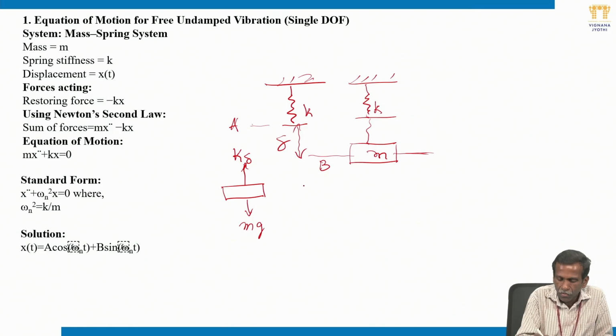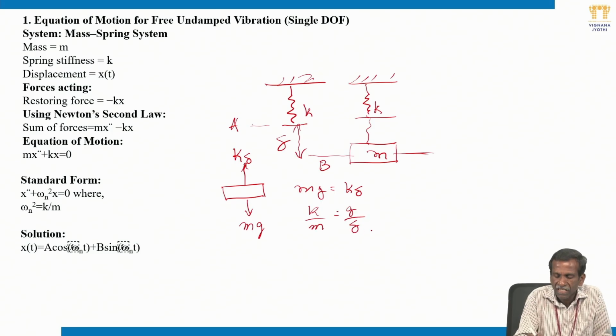So from the equilibrium equation we can simply write mg equal to K delta, in this equilibrium position. Then we can write K by m equal to g by delta, where delta is the static deflection.